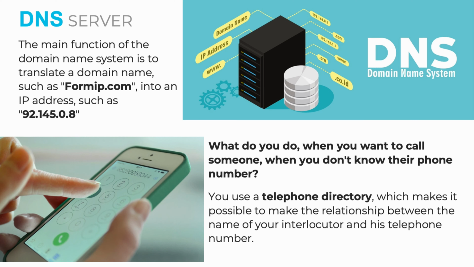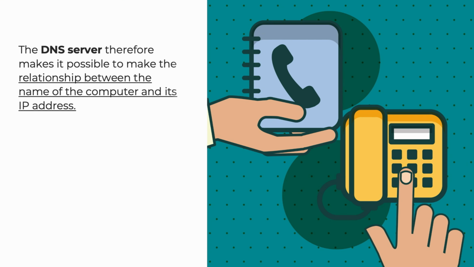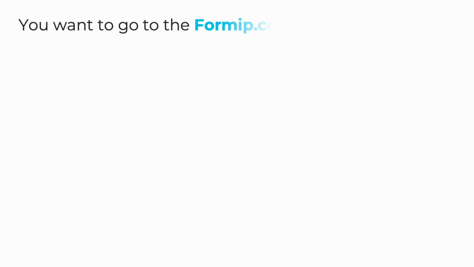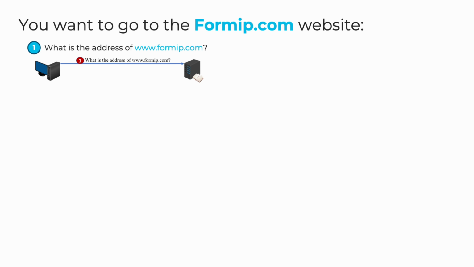The DNS server therefore makes it possible to make the relationship between the name of the computer and its IP address. To fully understand how it works, let's take an example that will combine both a DNS server and a web server. Let's say you want to go to the formip.com site. To start, your computer goes and asks the DNS server, "What is the address of www.formip.com?"